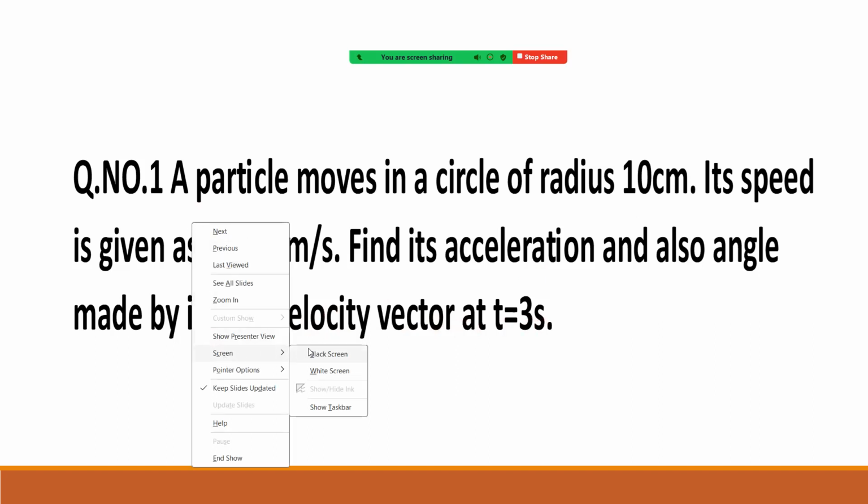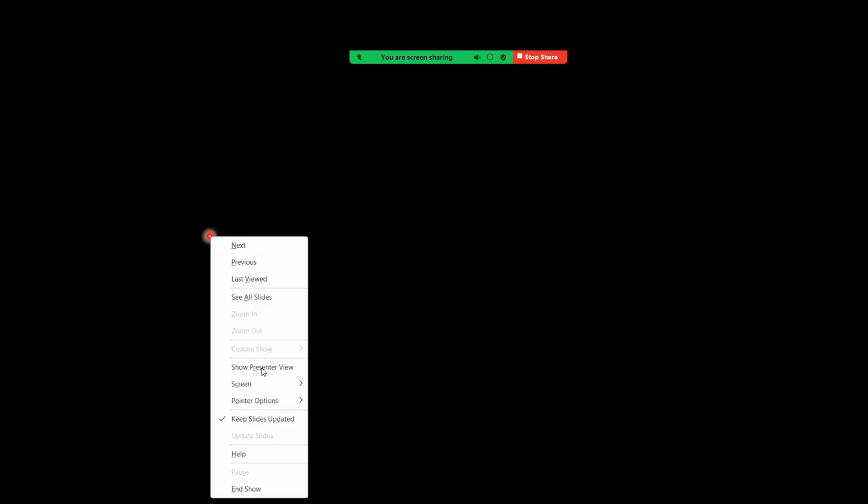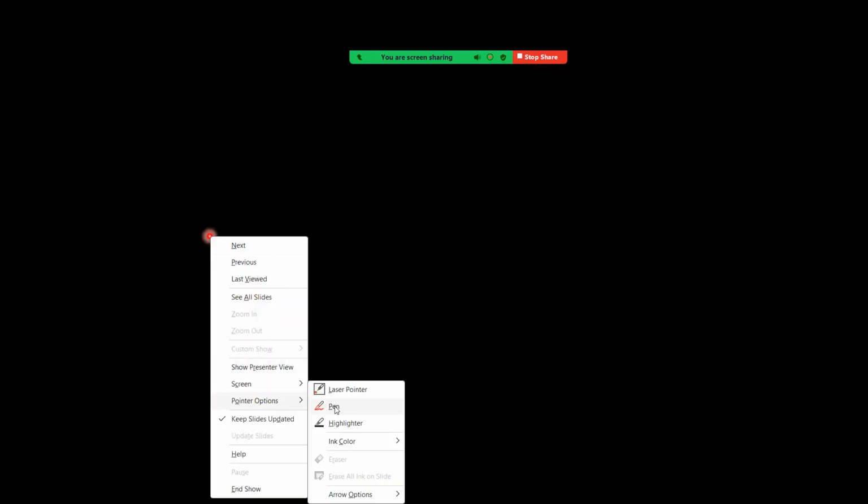Let us see. Given v equal to 3t. From this we can say that when t is 0, speed is 0. And we are asked, when t equal to 3 seconds, what is the acceleration?